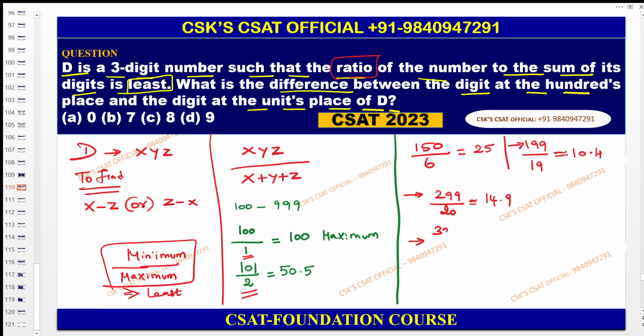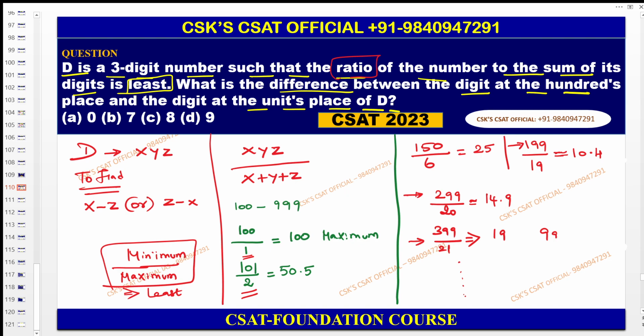Check here 399, and this one is nothing but 21. So now you can check the format with respect to the denominator 19, 20 and 21 increasing, right. Now in this case also, if you divide this, approximately you will get 19 here. So keep on going here.